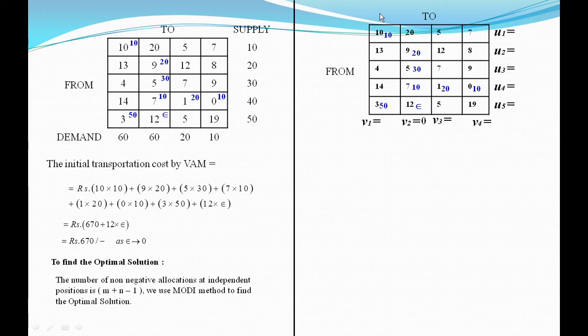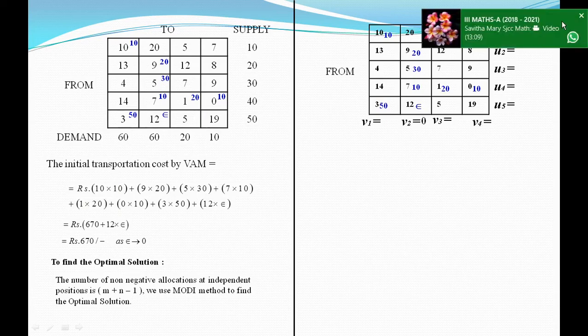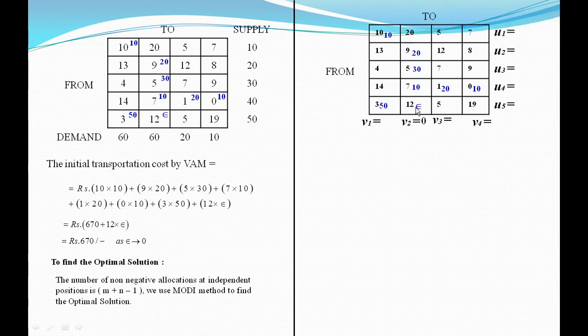First column? 2. Second column? 3, and with epsilon also allocated, 4 allocations. Third column? 1.